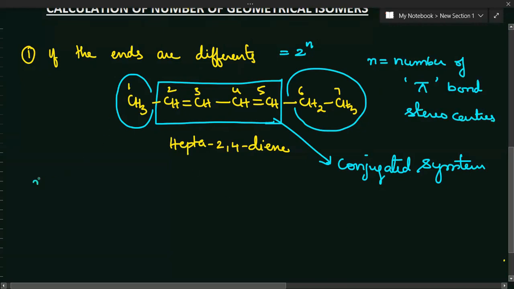In this case, the number of pi bonds is 2. So 2 power 2 is equal to 4. So a total of 4 isomers are possible.